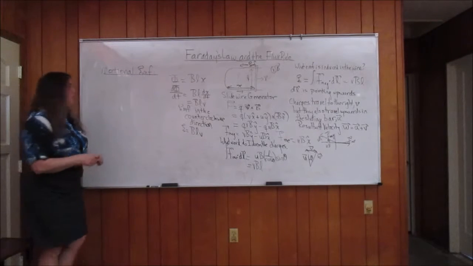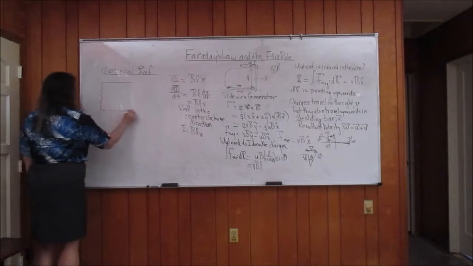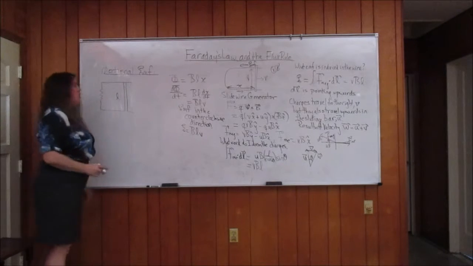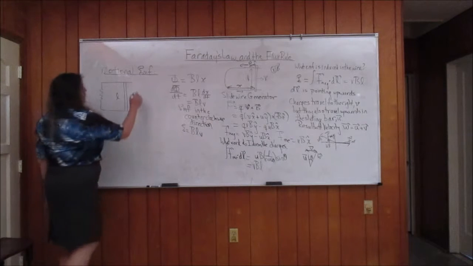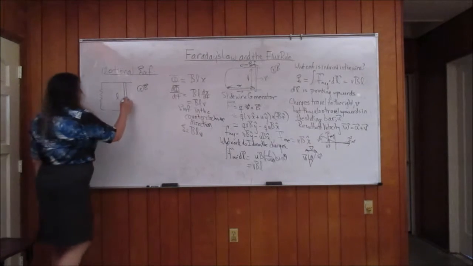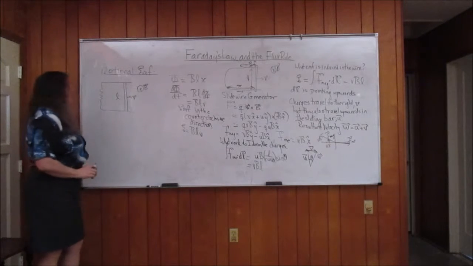Let's take a look at another slide wire generator problem, and this time I'm going to stick a resistor in. Assume that the sliding bar still has length L, there's still a magnetic field directed into the board, and we'll assume at some point in time that the bar is sliding to the right with velocity v.